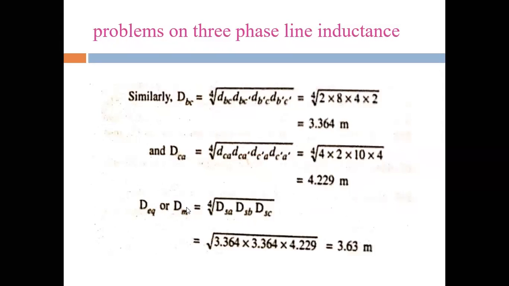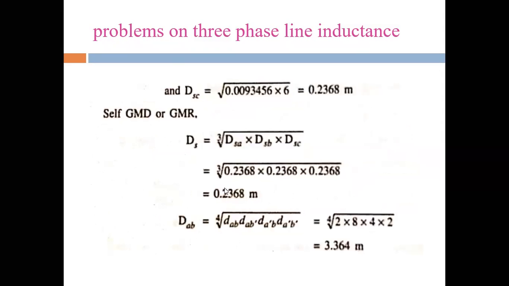What is the formula for Dm? Dm is equal to the cube root of DAB, DBC, DCA. In the same way we calculate Ds also.